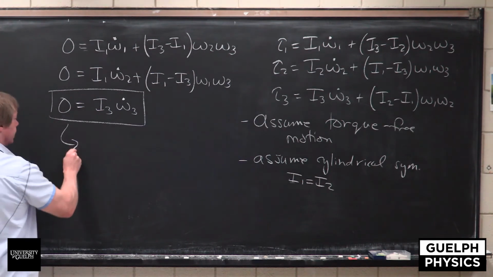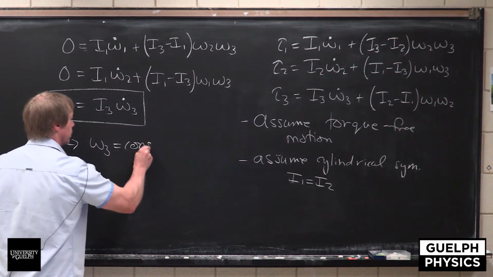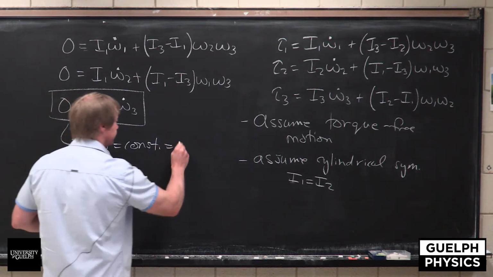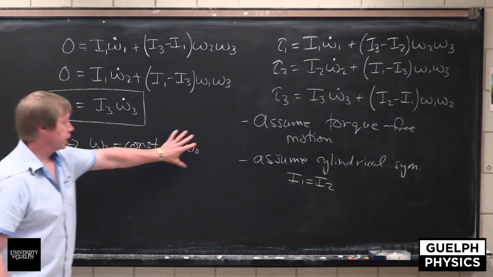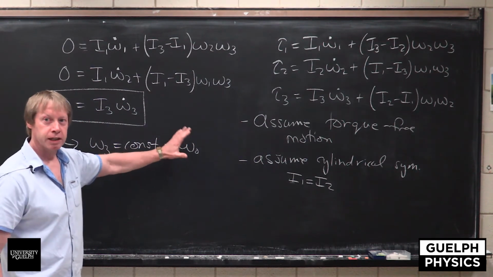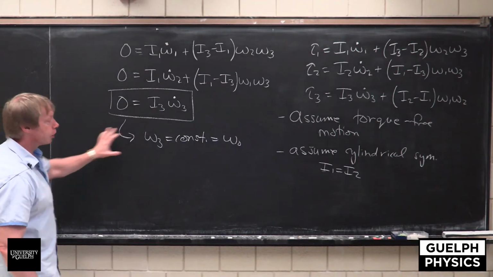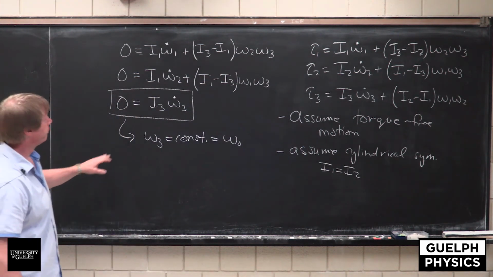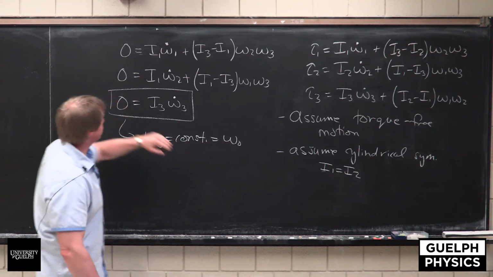So this instantly tells us that omega 3 is a constant, and we're going to set that equal to omega naught. So that's just to remind us, anytime I write omega naught, that's a constant factor. So I'll be using that notation throughout everything that we do. So I can return to these equations now and plug that in.